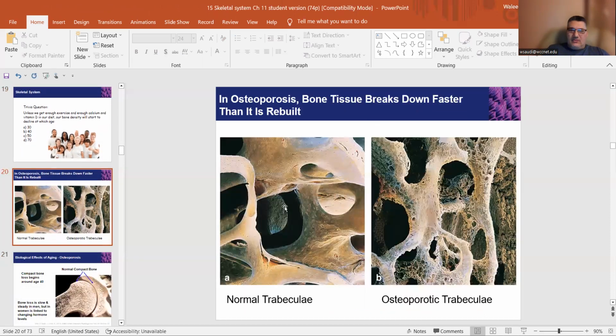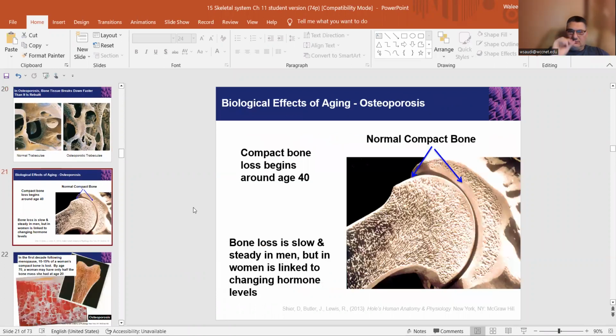Here it is again. This is normal, but this is a close picture. Look how porous this is. Look at all these pores that we don't have here. Osteoporosis, usually after menopause, is hormonal. Here is a normal one. Look at the compact bone cover. Same here, compact bone cover. Look at the inside, sponge.